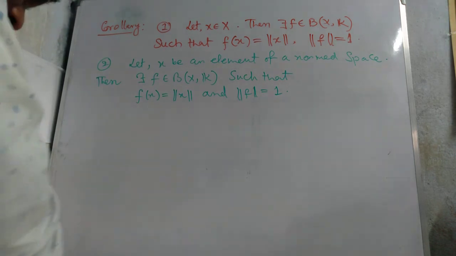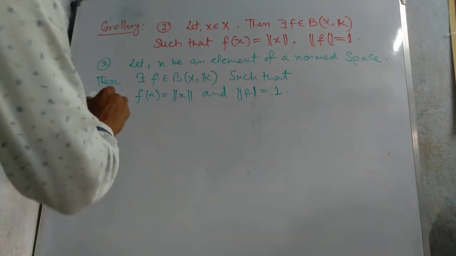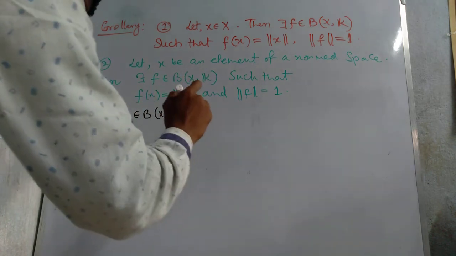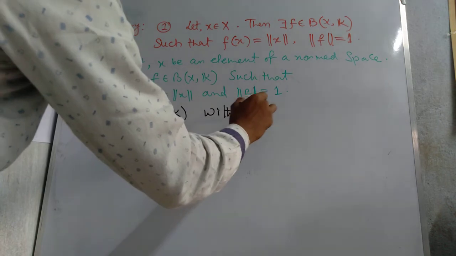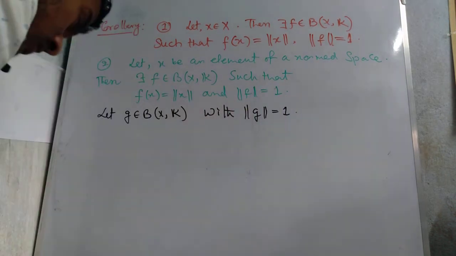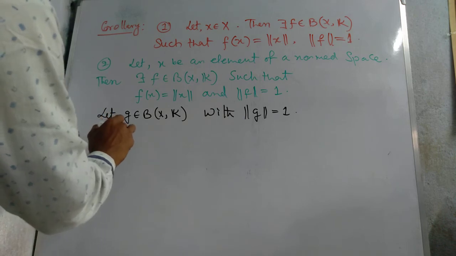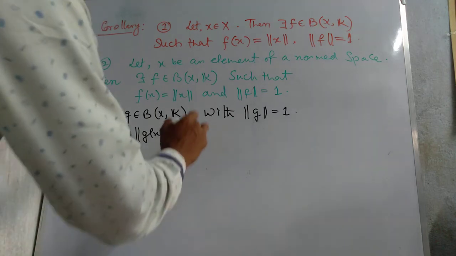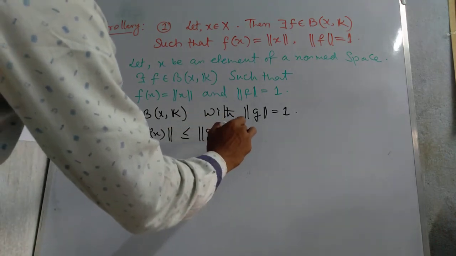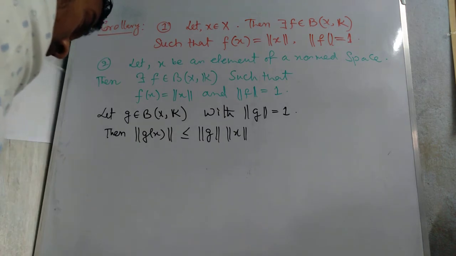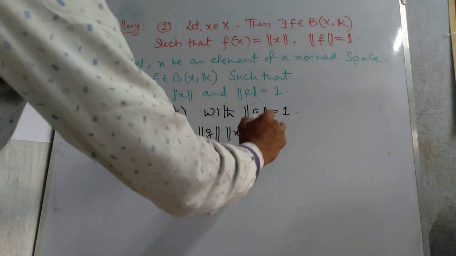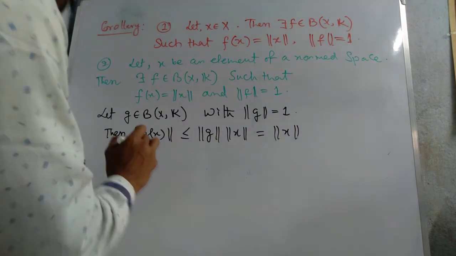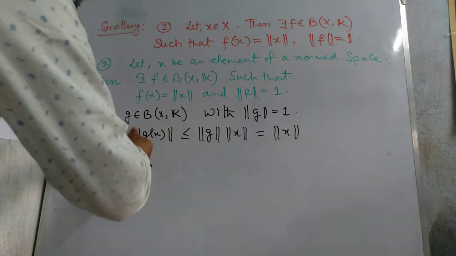Here we talk about this: let g belong to X star with norm g equal to 1, then |g(x)| is less than or equal to norm of g times norm of x, so norm of g equals 1.